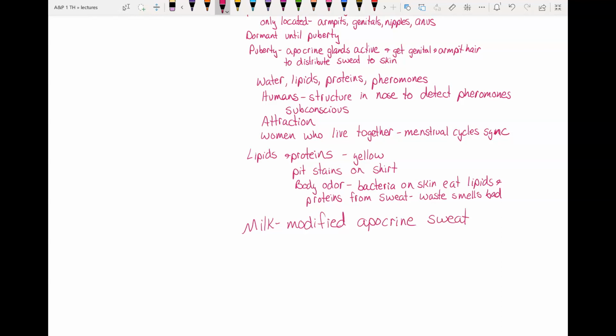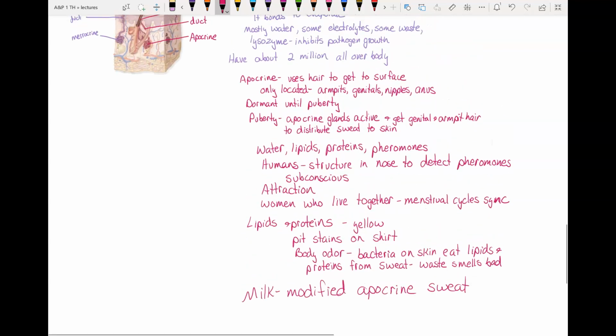Mammary glands are, you take an apocrine gland, you modify it a little bit, and you get a mammary gland, and it makes milk. But milk is just a modified form of apocrine sweat. So like if you go to the grocery store and buy milk, you're basically drinking cow sweat. And mothers with their babies, that's a modified form of sweat when you breastfeed a baby. So kind of interesting to think about. You've been having cow sweat on your cereal all this time.